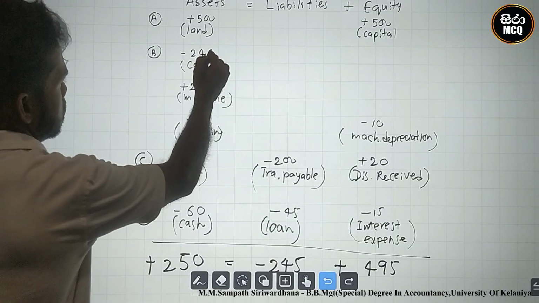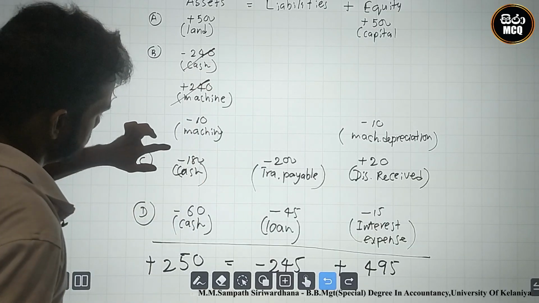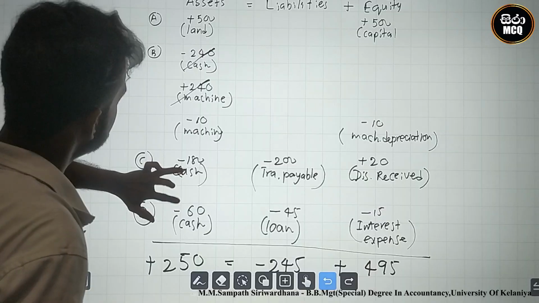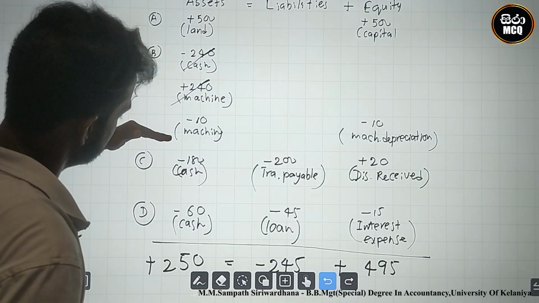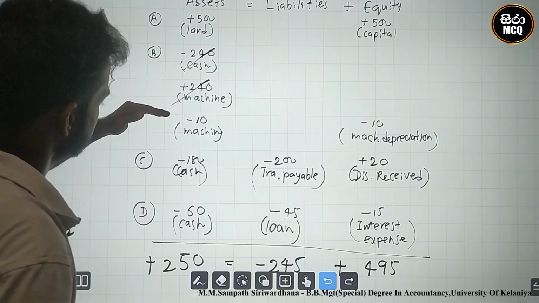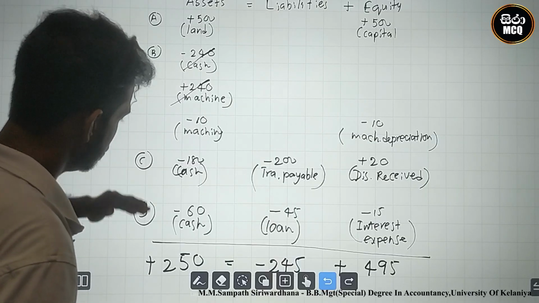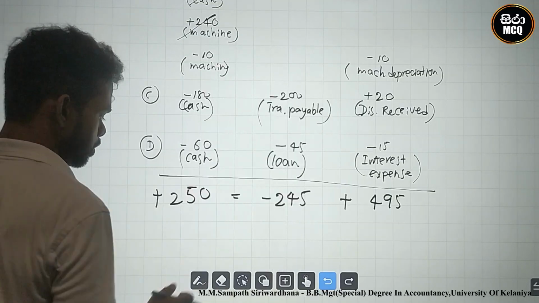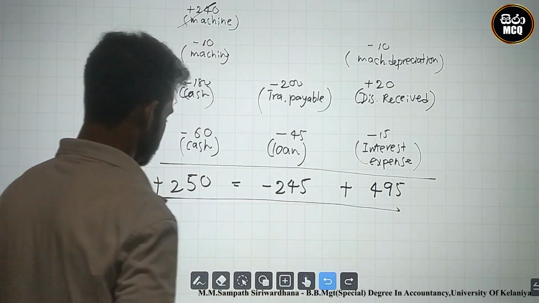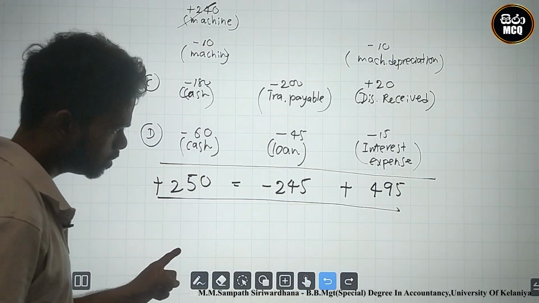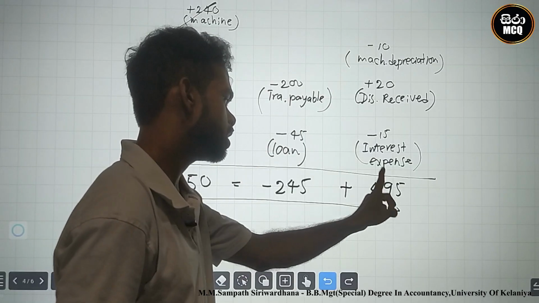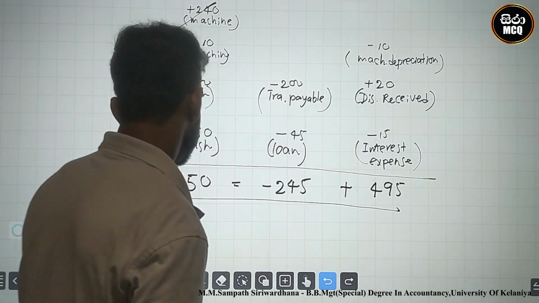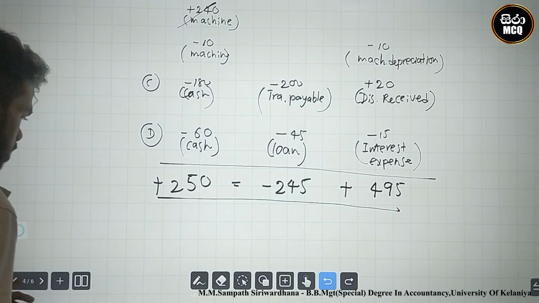500, 200, this is the cash, and 90. Okay, 250, 500, 250, okay, this is the net impact. Assets 250 plus, minus liability 245, plus 495 equity. Look here, what is the answer?